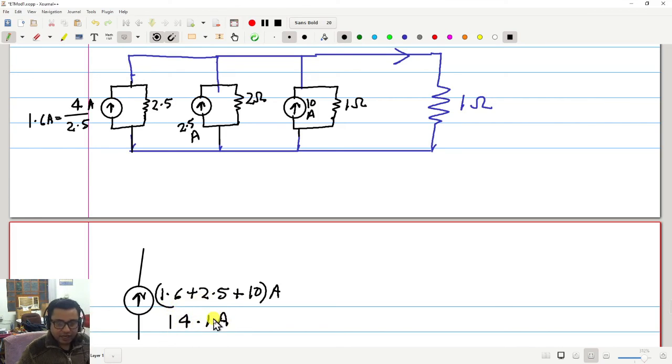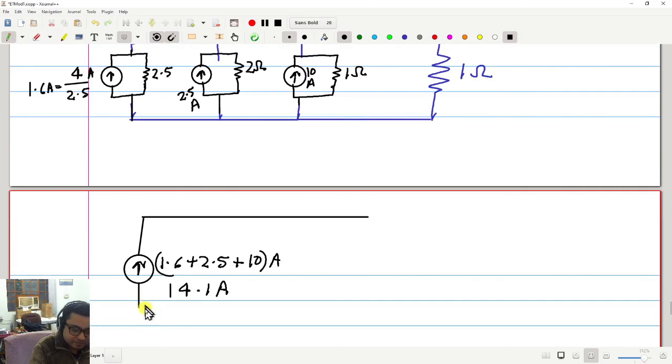And then this resistance and this resistance, they are connected in parallel. So you combine this and this, how much will that be?